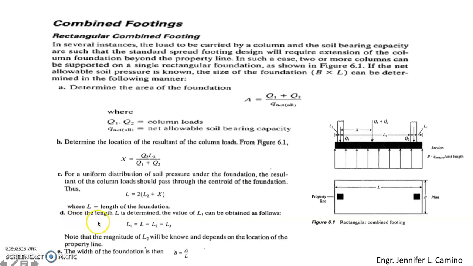And the fourth one, once the length L is determined, you have to find the value of L1, which can be obtained as follows: L1 is equal to L minus L2 minus L sub 3. You have to take note that the magnitude of L2 can be known and depends on the location of the property line. The fifth one, you have to determine the width of the foundation, which is B equal to area all over the length.